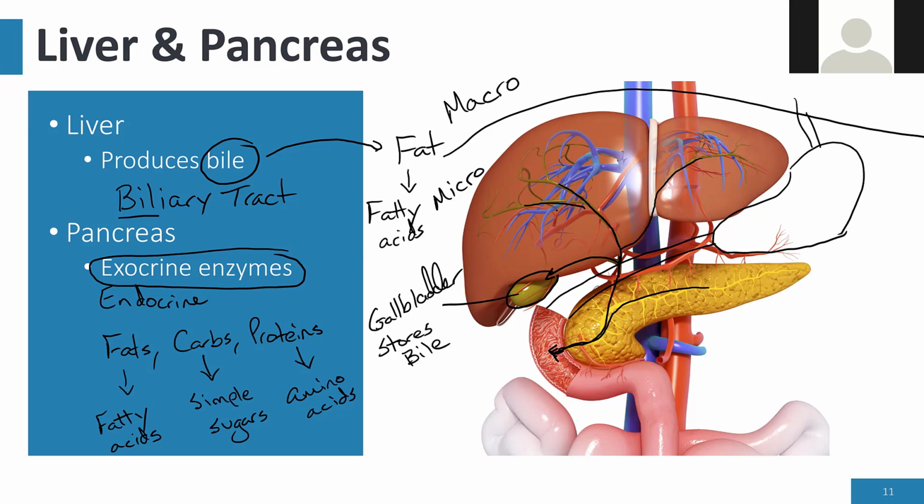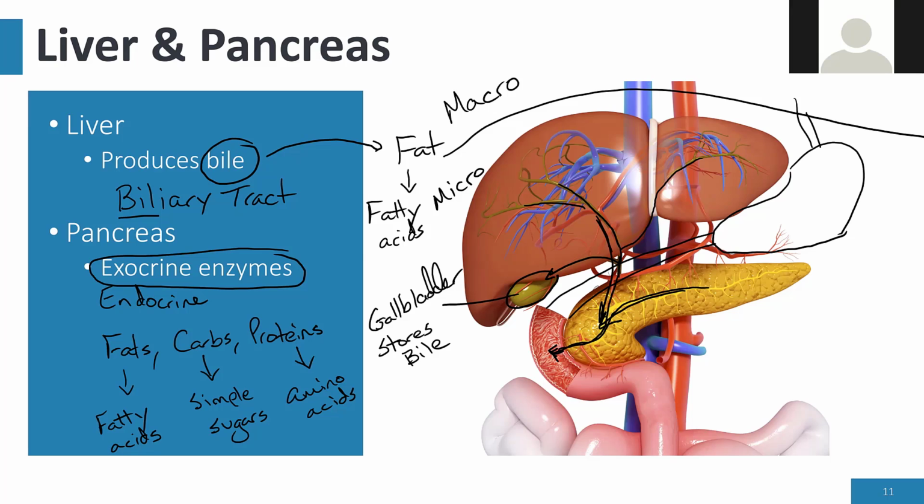This connection point of the biliary tree, where this pathway meets up and connects with the pathway from the pancreas, is why we see those two organs really, if one of them is having an issue or irritation or a problem, a lot of times the other one will start to develop that issue or irritation or problem.